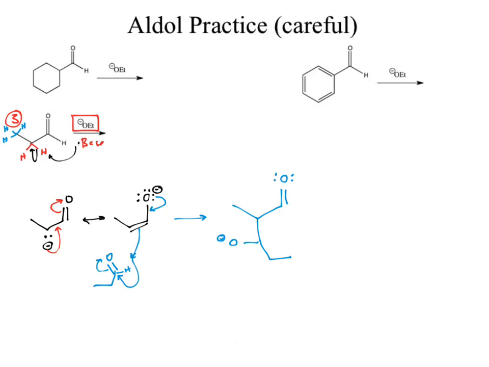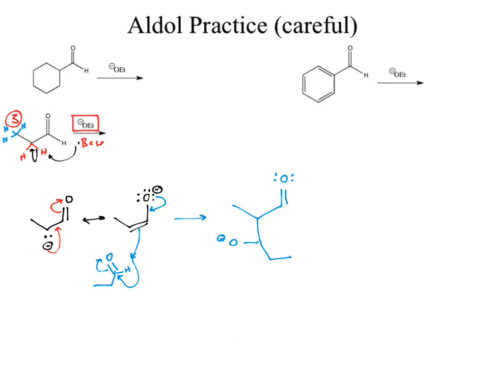What can it do? We can take a hydrogen from somewhere in the environment. That also tends to trip people up. Almost always you'll see a solvent written underneath there. What's that solvent? Ethanol. Why would we pick ethanol? That's how we get ethoxide, is by using ethanol.